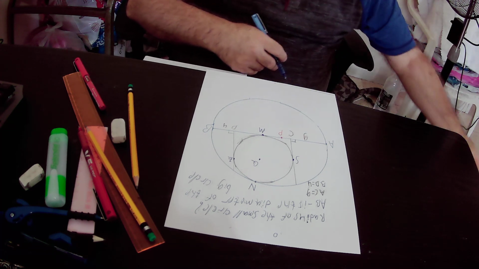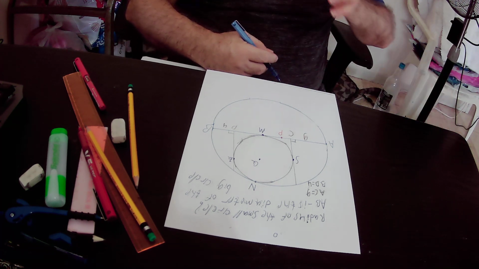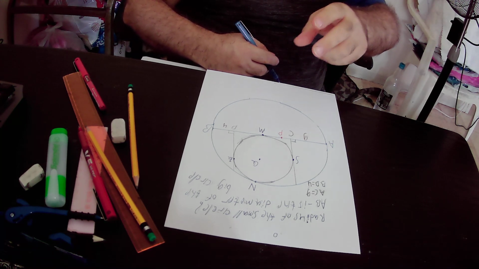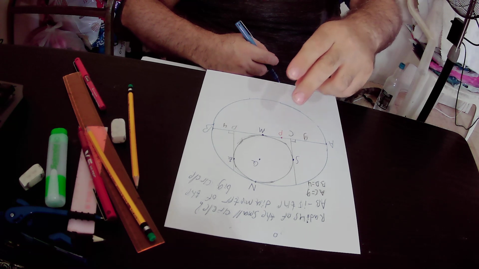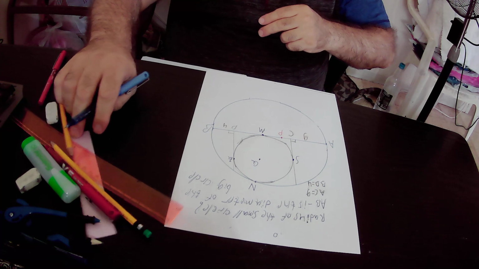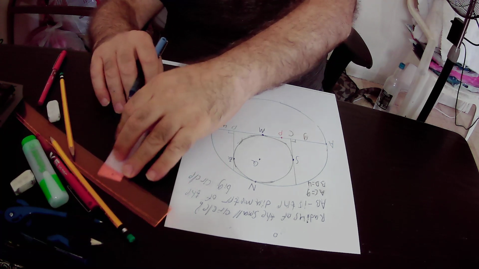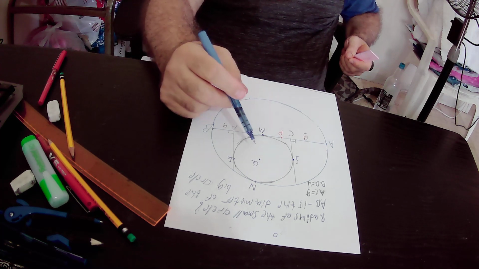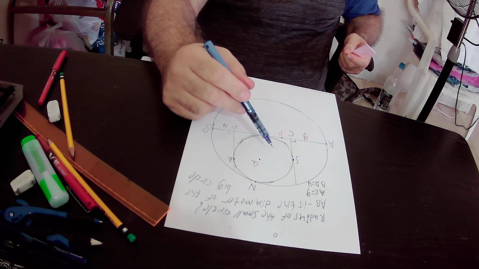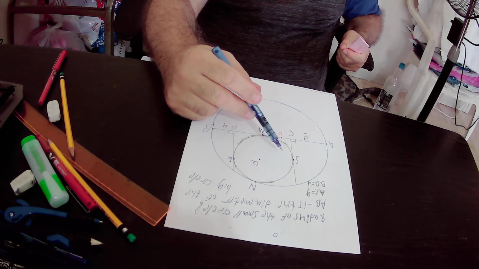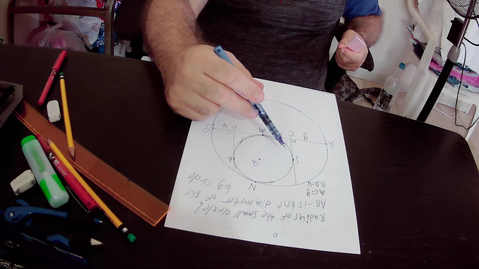In the next step, we will draw three radii of the small circle from the center of the circle, that is to say from point Q to the points of contact between the tangents and the circle.